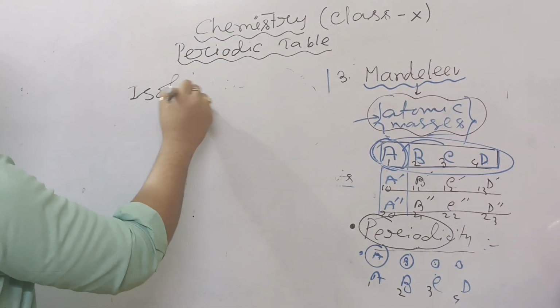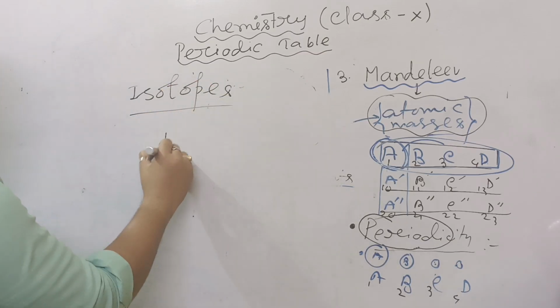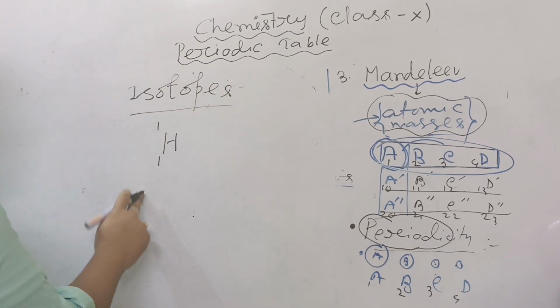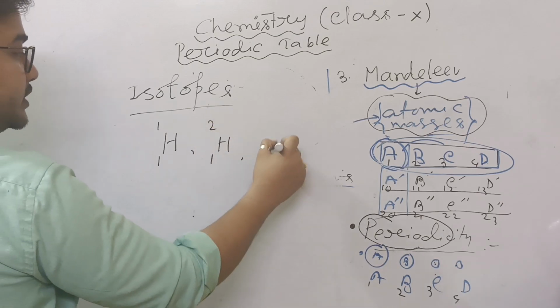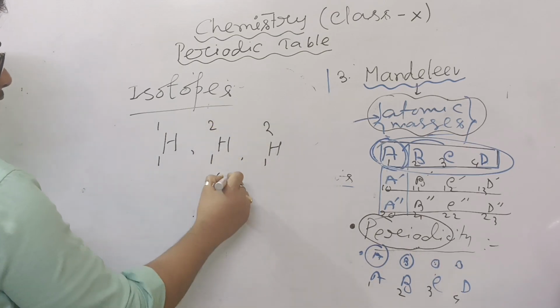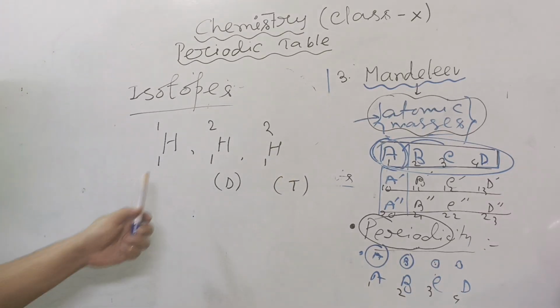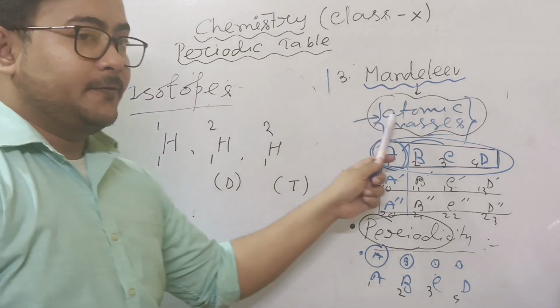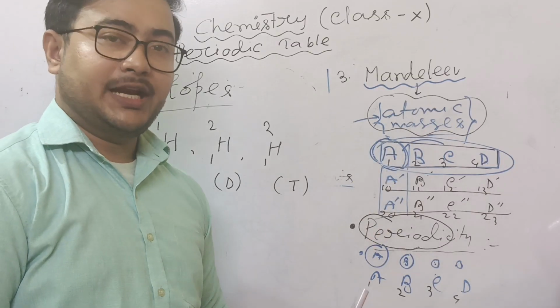Isotopes. If you consider isotopes, all of you know hydrogen, that is normal hydrogen, then hydrogen-2, then hydrogen-3. They are called deuterium and tritium. Mendeleev arranged the elements in increasing order of their atomic masses.